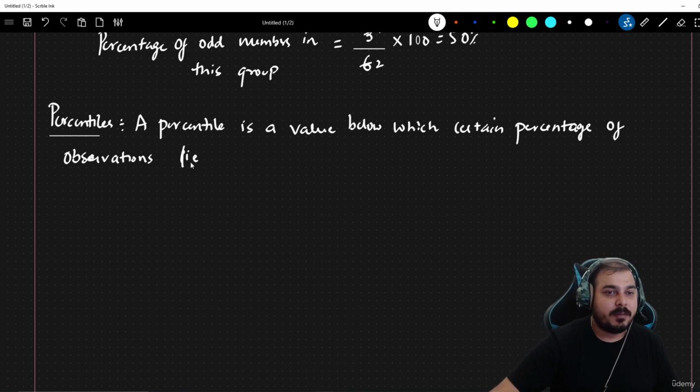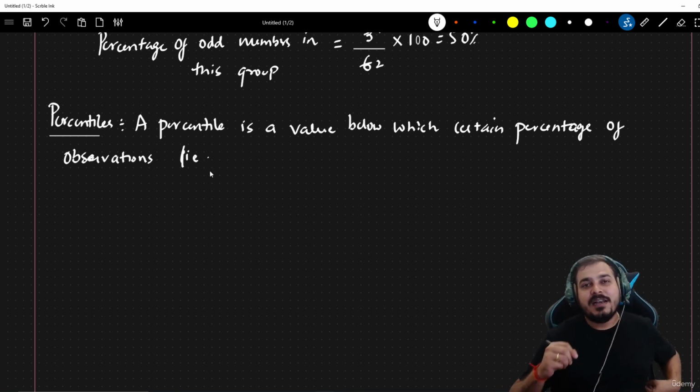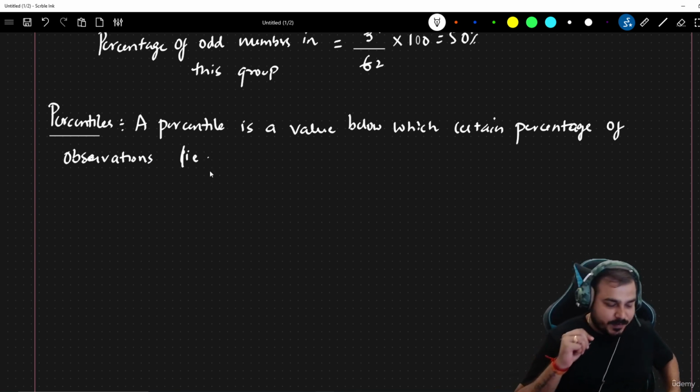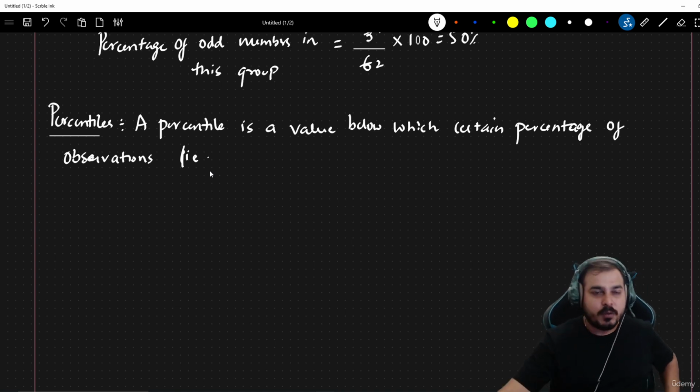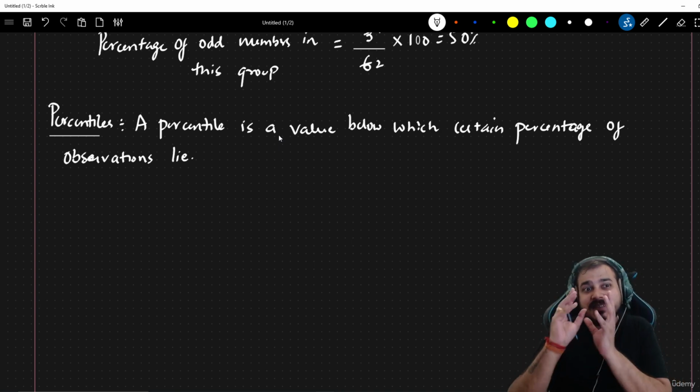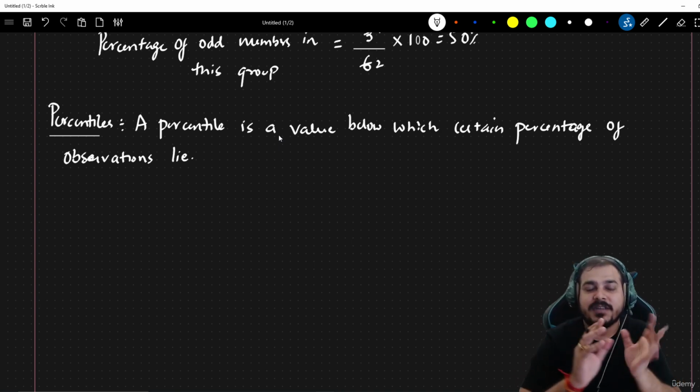Don't worry if you are not able to understand this definition. I will try to take you through a specific example through which you will be able to understand. But let's revise this specific definition properly. Okay. A percentile is a value below which a certain percentage of distributions lie.